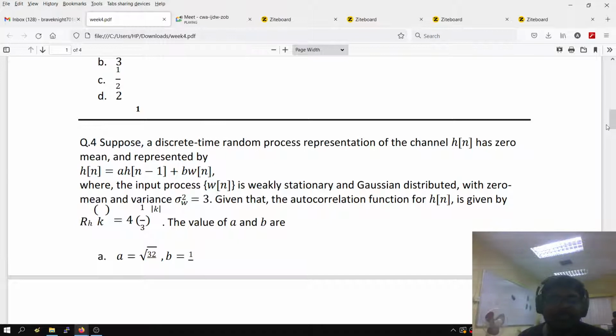The autocorrelation function is given as 4 into 1 by 3 to the power mod of k, and we have to judge the value of a and b from the options.